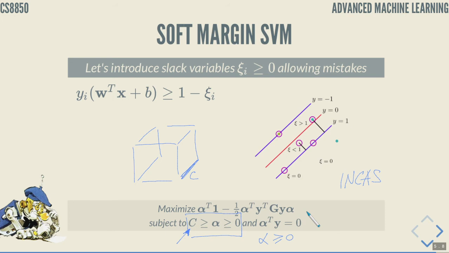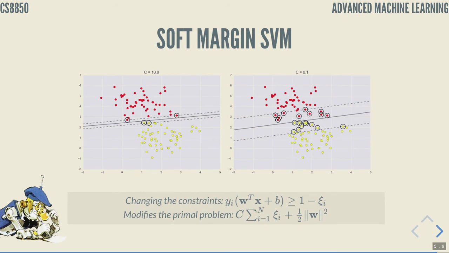Let's now see how this same addition affects the primal formulation. For the primal formulation, remember that we were maximizing the norm of the vector normal to the hyperplane that defines this hyperplane.